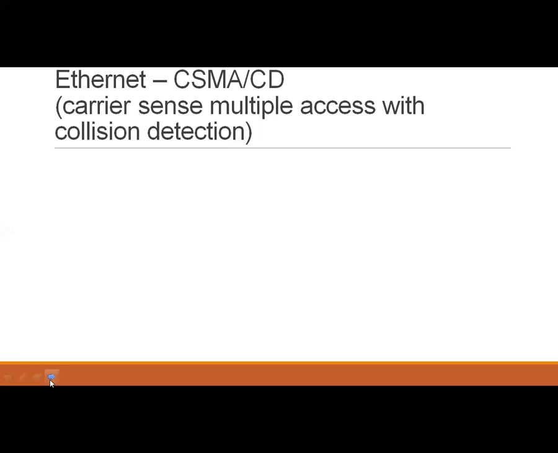And if some other computer has to send data, it also has to go through that same channel. So if more than one computer tries to send the data at the same time, then the collision would occur. And CSMA/CD was the protocol to deal with that collision.